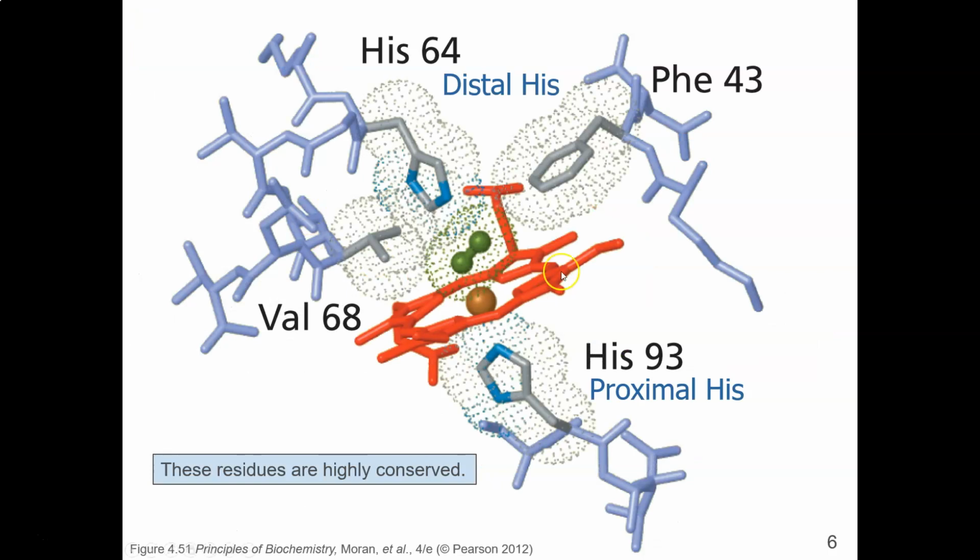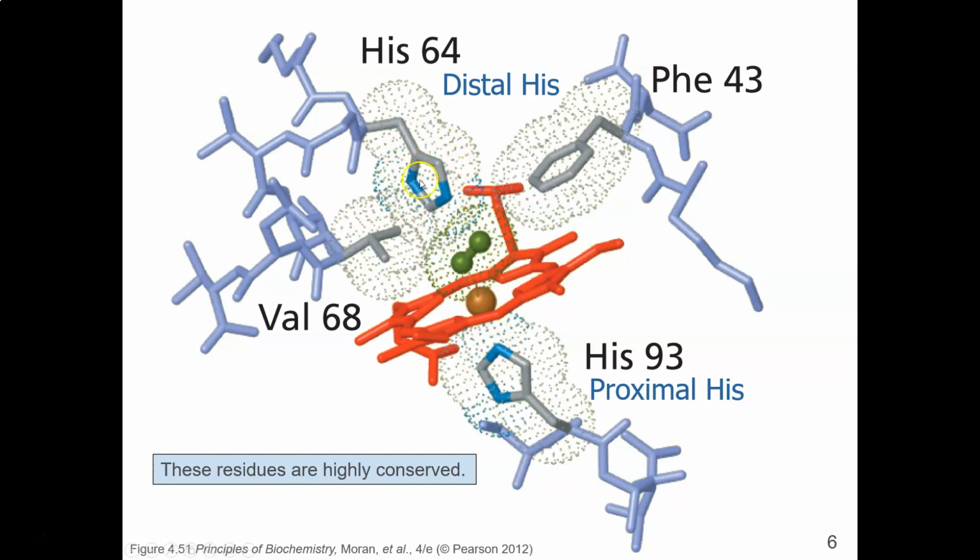Here's another close-up picture. In the center in red, we show the protoporphyrin 9 ring. Here, the artist has drawn the iron in the center in brown, and the oxygen is shown in green. Here we see the proximal histidine, histidine number 93, that will form a bond, which is actually not shown in this figure.